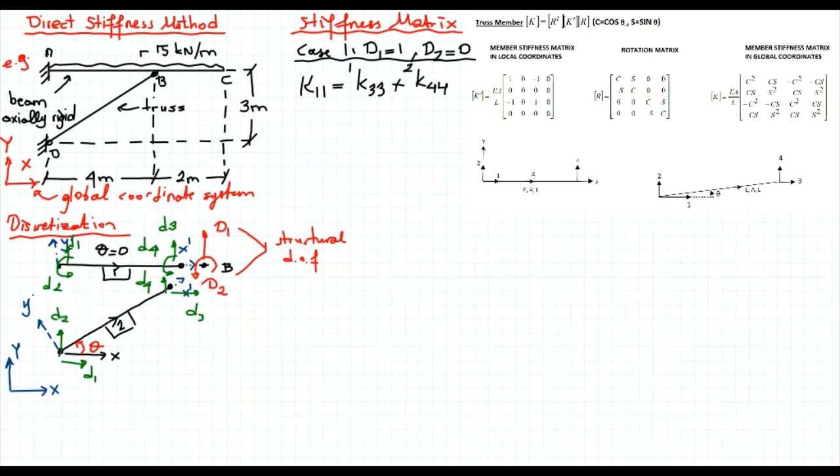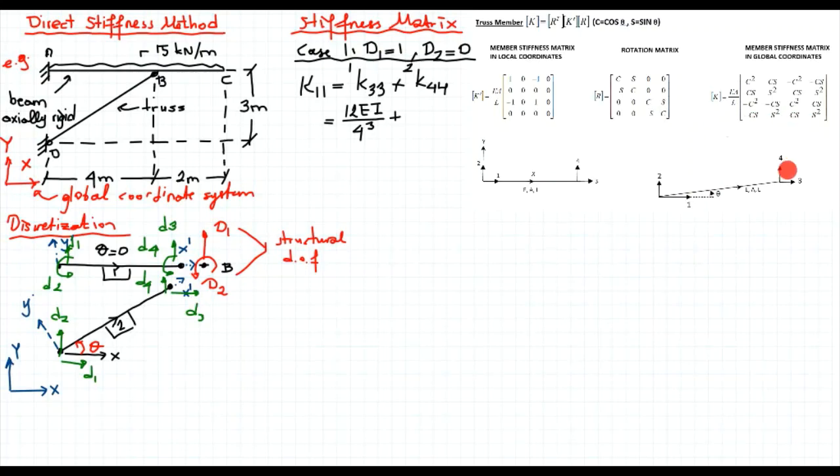Of course, here K44 will be obtained from the global stiffness matrix. So K33 is 12 EI over 4 cubed.